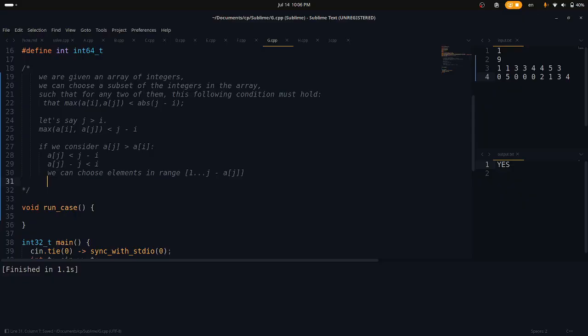So you can choose elements in this range if we consider a_j to be greater than a_i. It is something like choosing an increasing sequence.